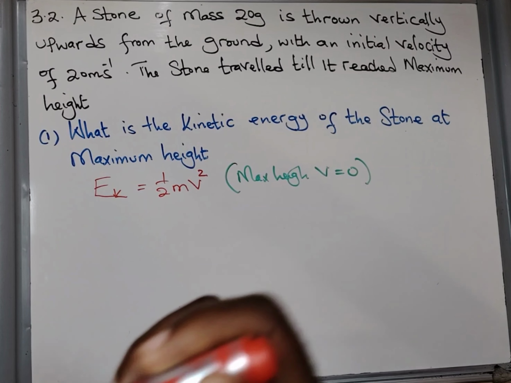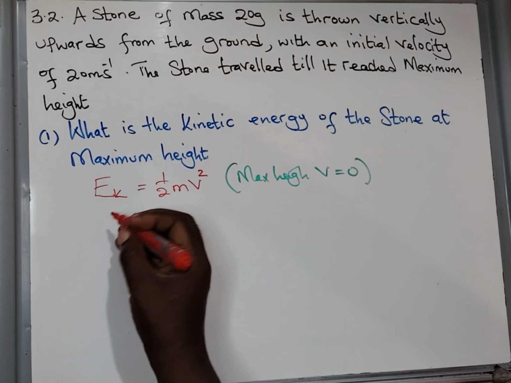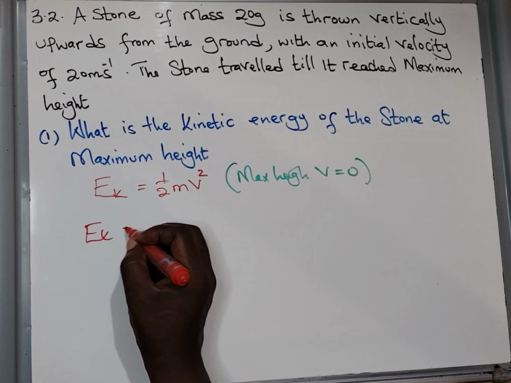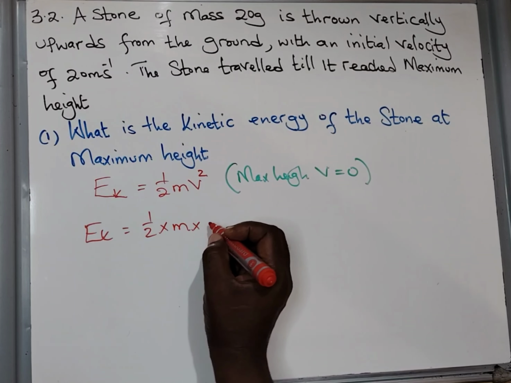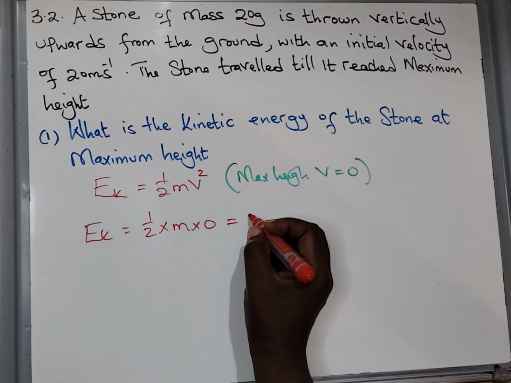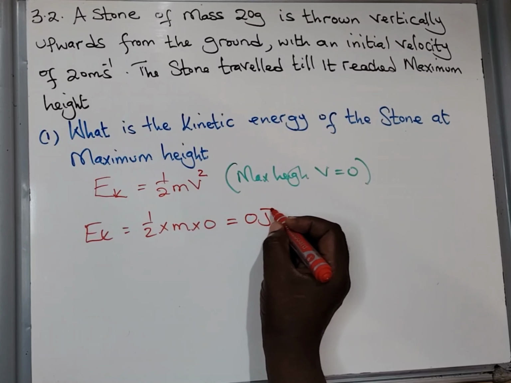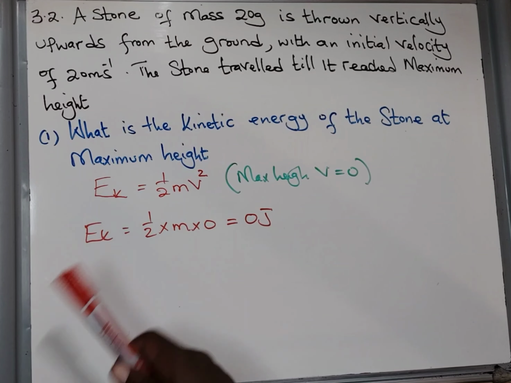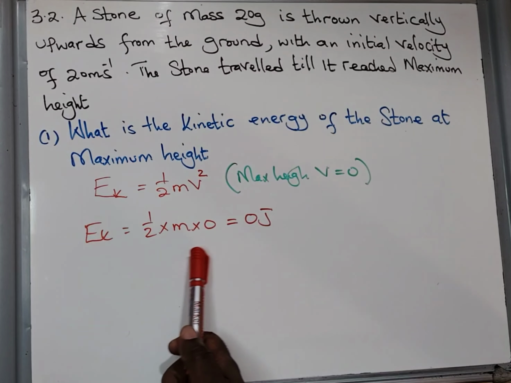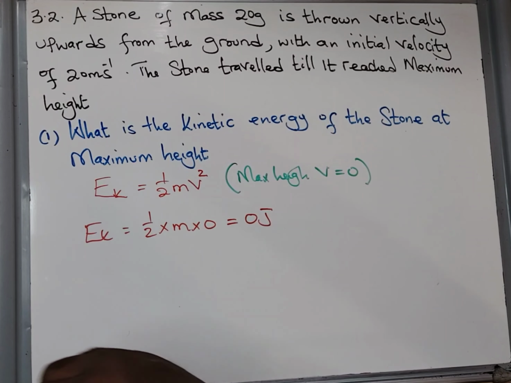So what does that mean? That Ek is going to be a half times m times 0, which is 0 joules. So at maximum height, the kinetic energy of the stone is 0 joules.